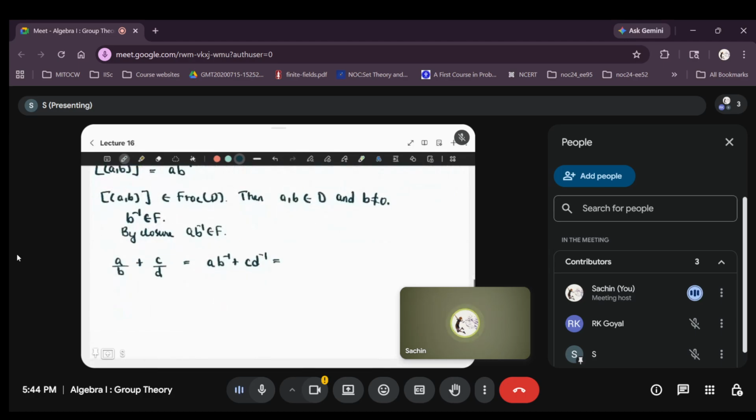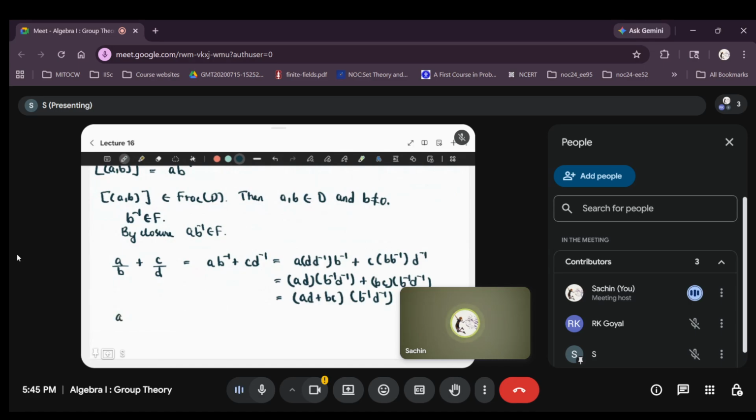So this would be a d d inverse b inverse plus c b inverse d inverse. Should be a d into b inverse d inverse plus b c into b inverse d inverse. Should be a d plus b c into b inverse d inverse.